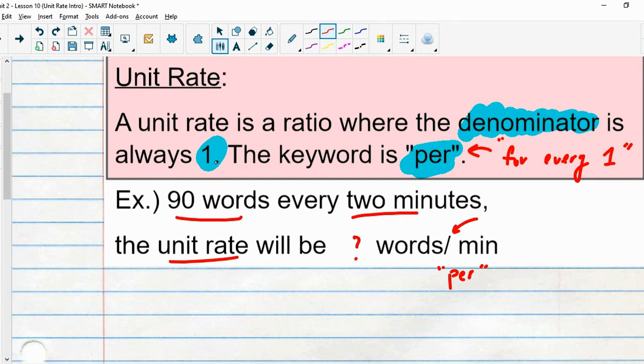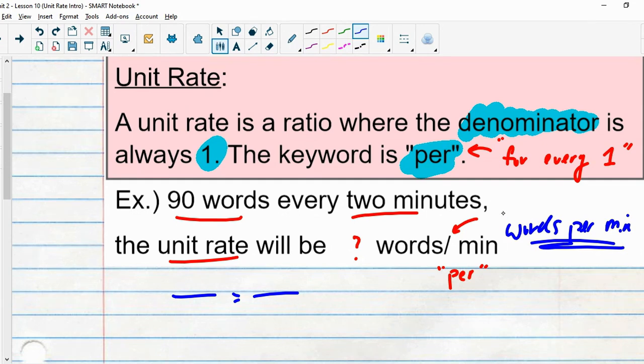So let's set it up. What would it look like? Again, we're setting up a proportion, nothing new there. What are we comparing? You see how it's words per minute? The way the question is set up and the way the words are phrased, the order matters. Per minute, minute has to be at the bottom.